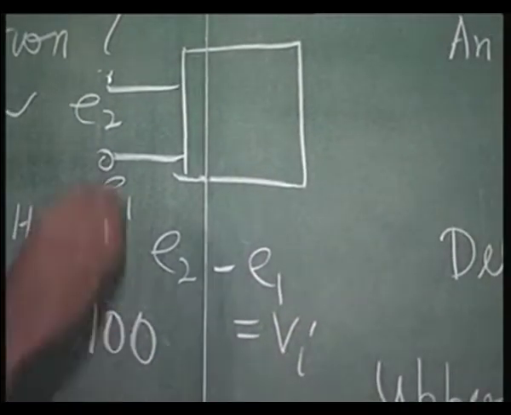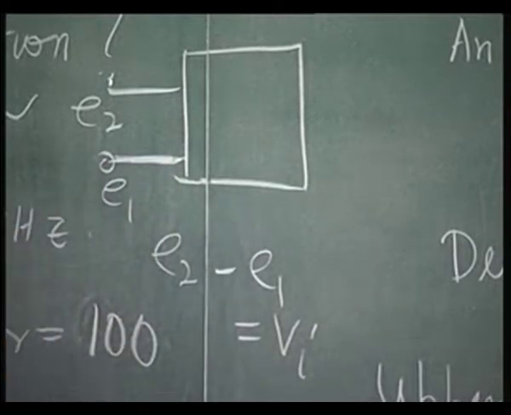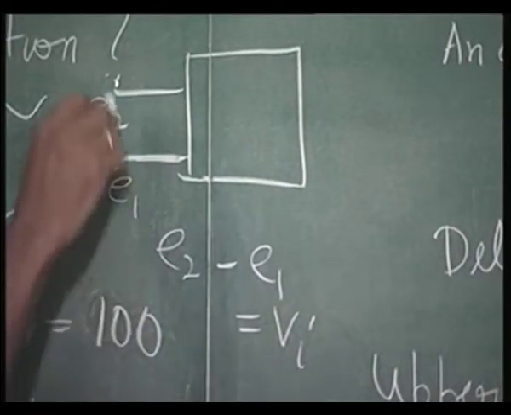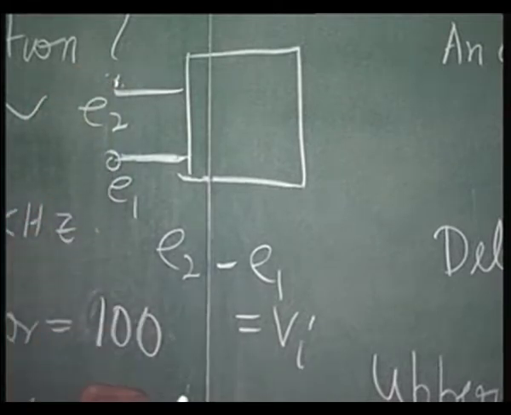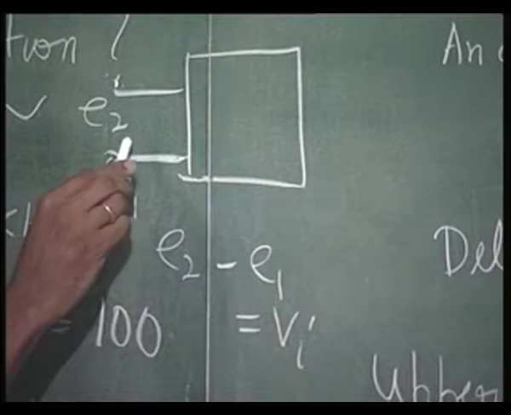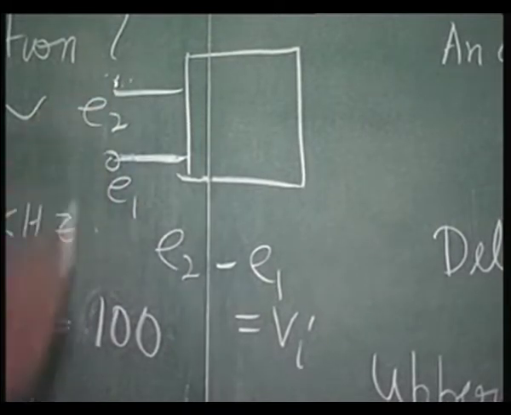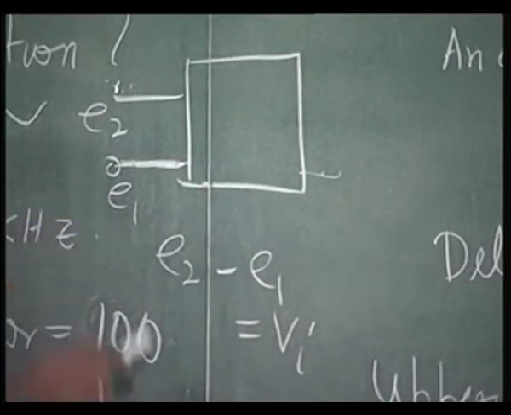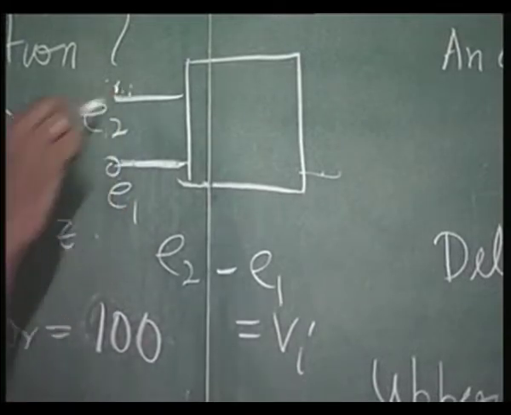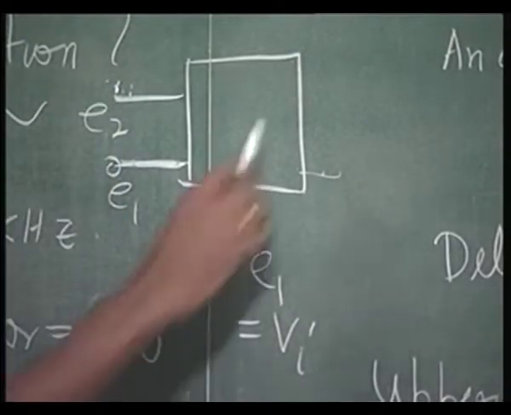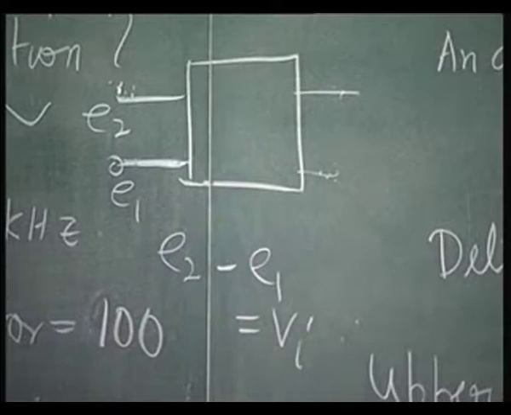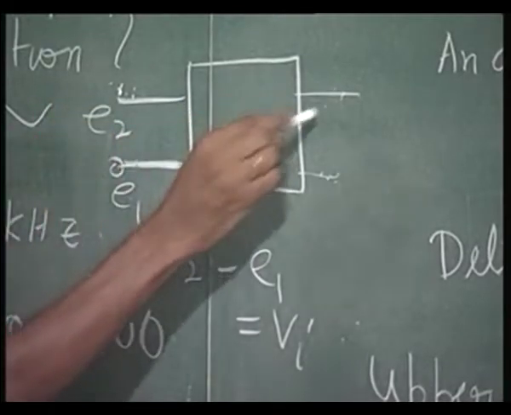So, that means now it becomes a differential input operation. That means, the voltage reference can be taken at any arbitrary point, and these two voltages can be taken as absolute values from that arbitrary point. Earlier we had taken the voltage reference as from here for Vi, and for this from here. So, if you take these voltage references from an arbitrary point, then this becomes a differential input. Similarly, if you take this from the same arbitrary point, this will become a differential output. So, this becomes a differential input, differential output amplifier.